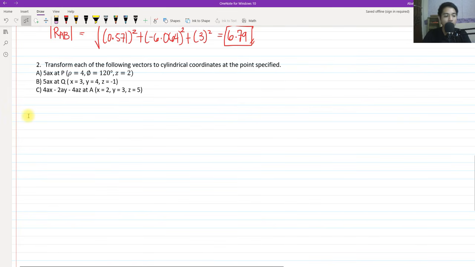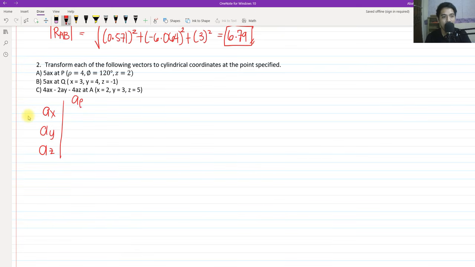What we are going to do here is take note of the important relationship of the dot products between the rectangular and the cylindrical. We have a table for getting the dot product. It's very important to memorize this or familiarize yourself with it.